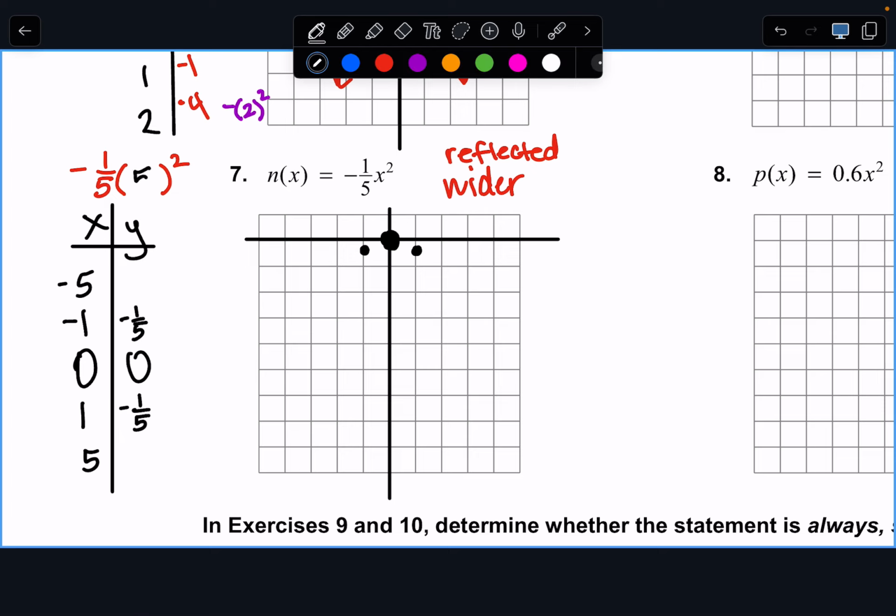So 25 times -1/5 would just be -5. And now I feel a whole lot better about making that side. -5 squared times -1/5 is going to get us the same thing.